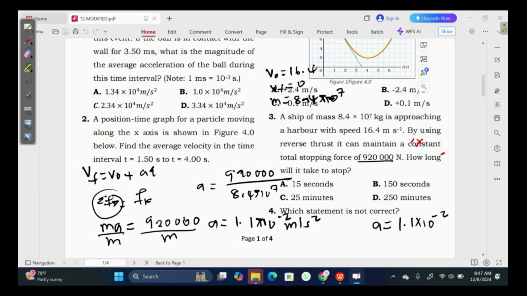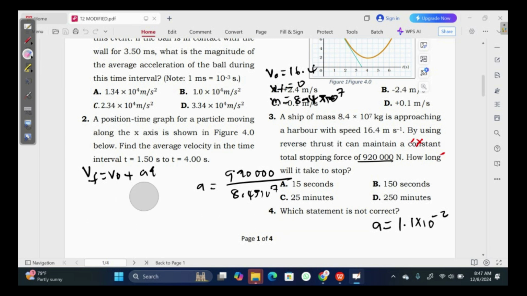Now that I have everything, I want to find the time. The final velocity is 0. But I want you to understand one thing. When something is coming to stop, what is the acceleration?